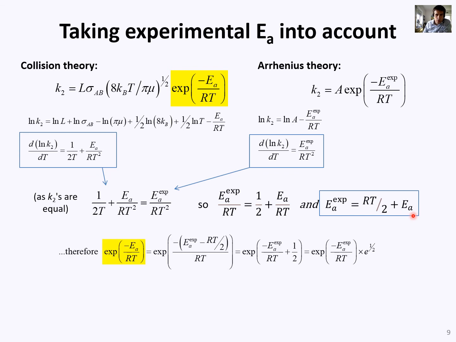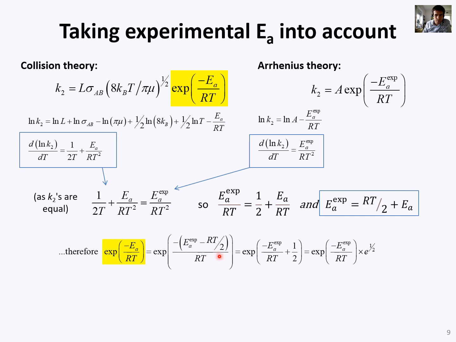Now, in order to work out how we can put this back into the equation and how it affects the collision theory equation, instead of having minus EA in here, we can essentially substitute that for this, which comes from a rearrangement of this part here that's in the box.